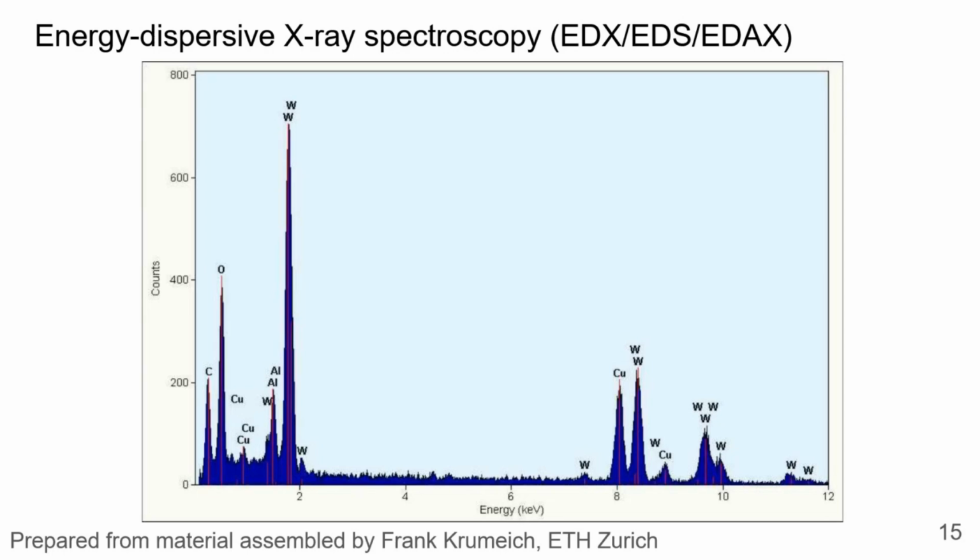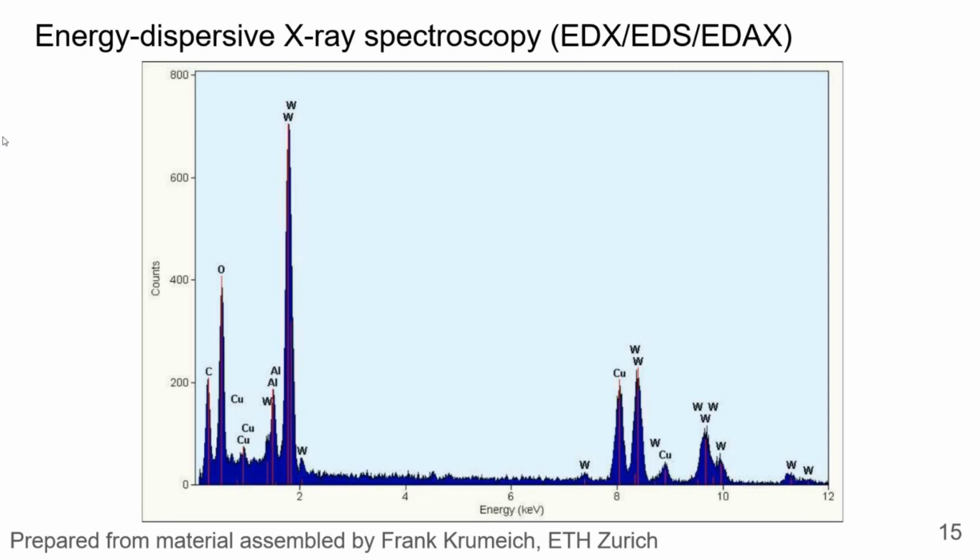You can see that there are these peaks here, and these peaks are labeled with particular elements. There's this peak at around 500 electron volts that is characteristic of oxygen, and that tells you that there's some amount of oxygen in the sample. Same thing with carbon, same thing with copper, same thing with tungsten.